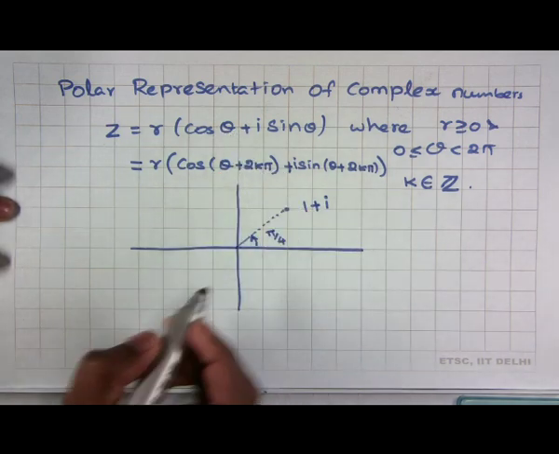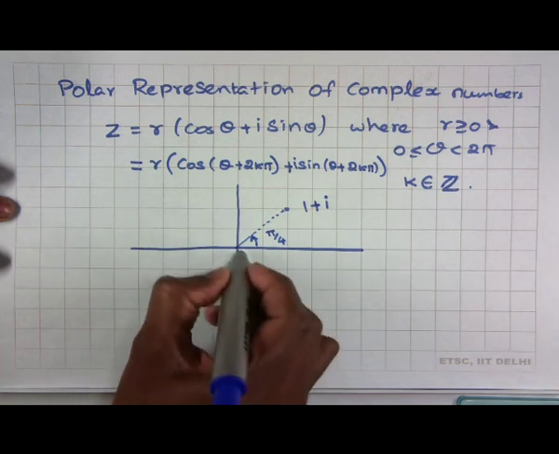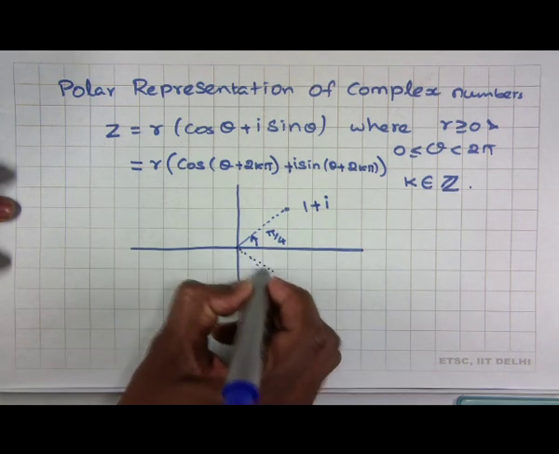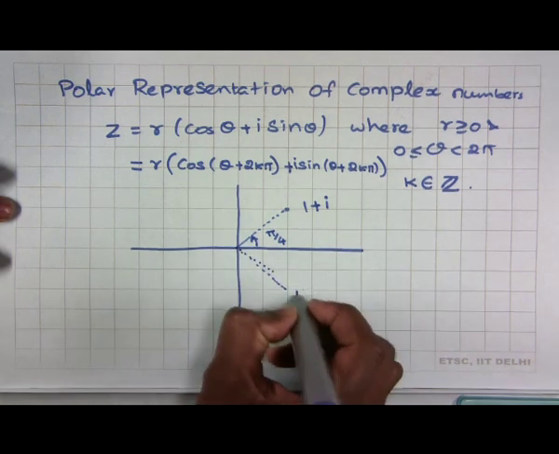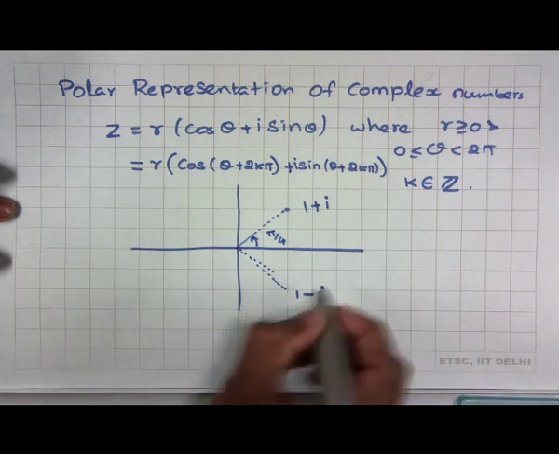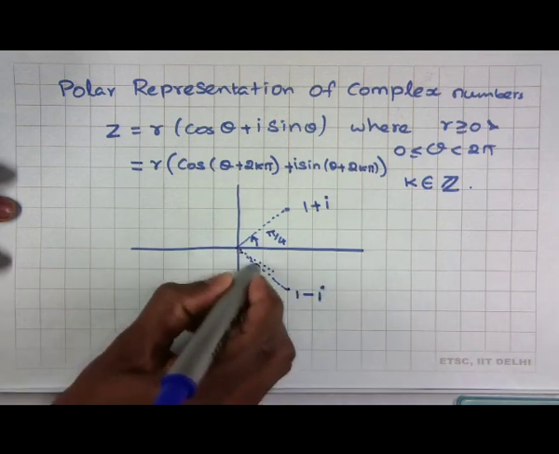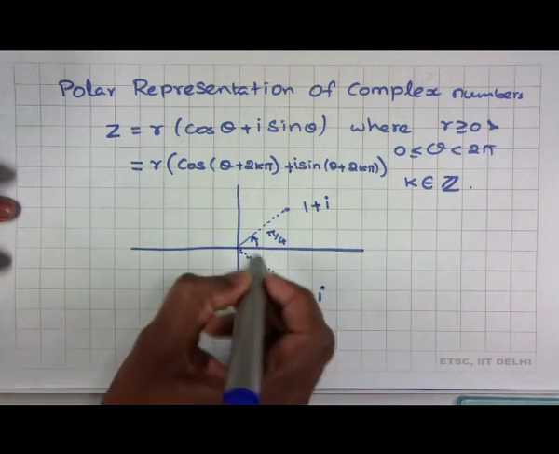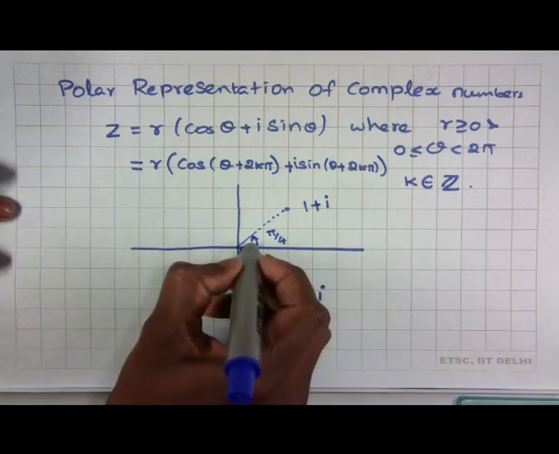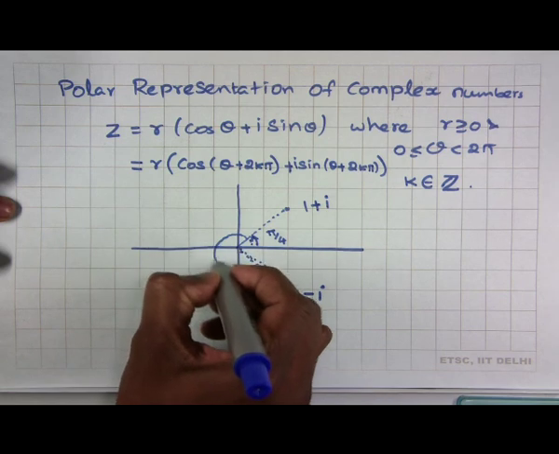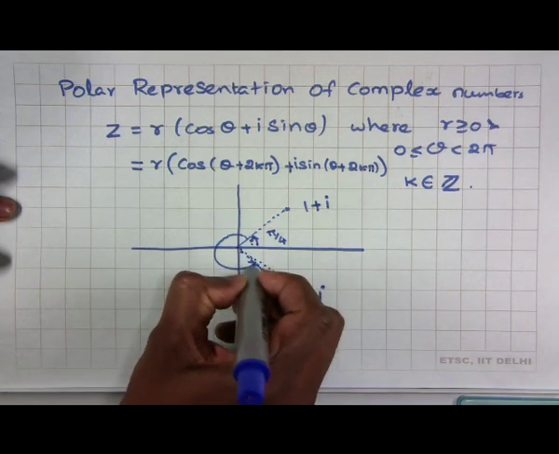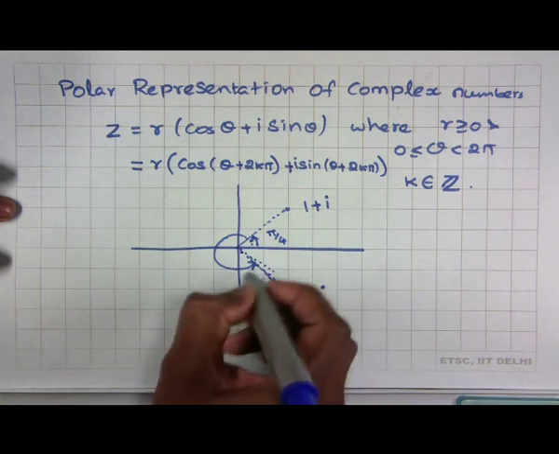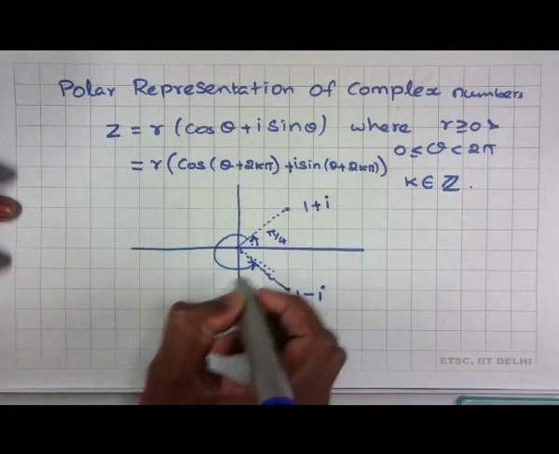Okay. So, let us see one more point, which I consider as its conjugate, that is 1 minus i. The angle made from the x axis, we see that it is 2 pi minus pi by 4.